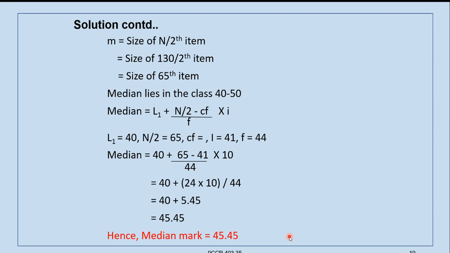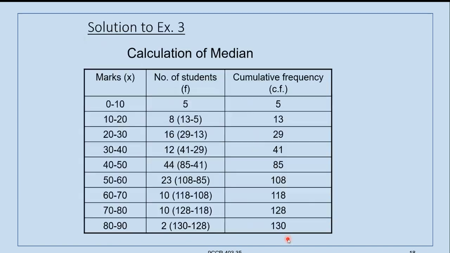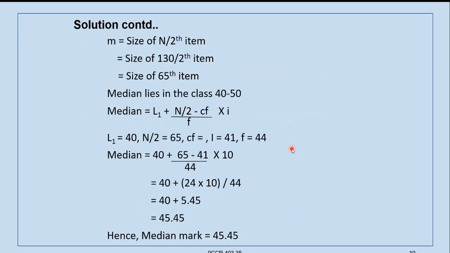So the same thing is here. That is n by 2 is 65, L1 is 40, CF is 41, i is equal to 10, this i value is missing here, and F is equal to 44.